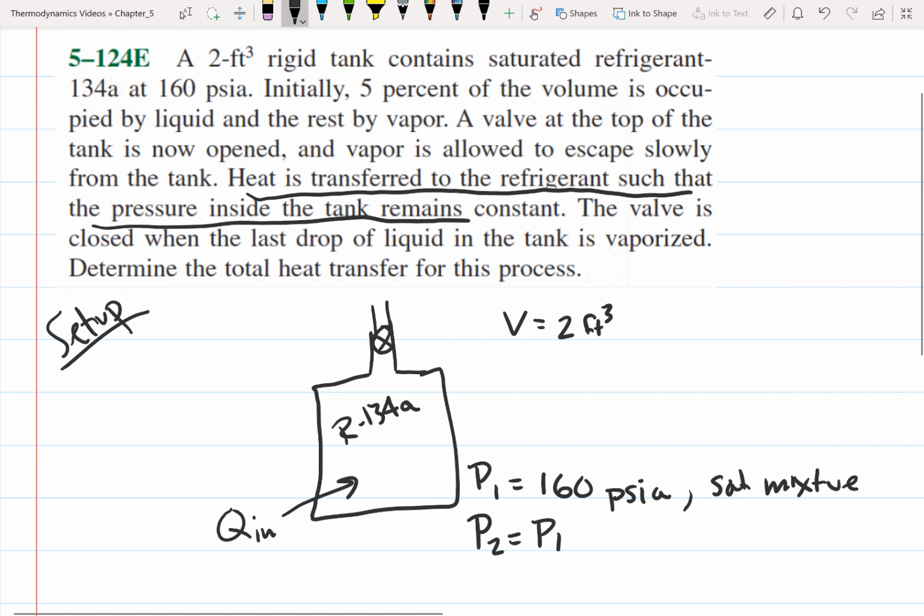And it tells us that 5% of the volume is occupied by the liquid and the rest by the vapor.